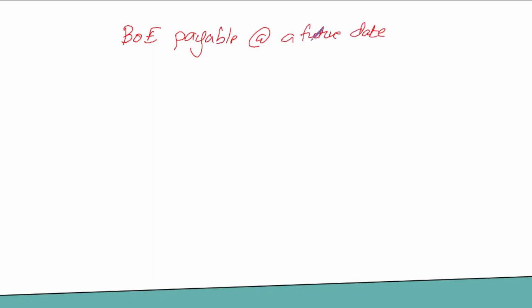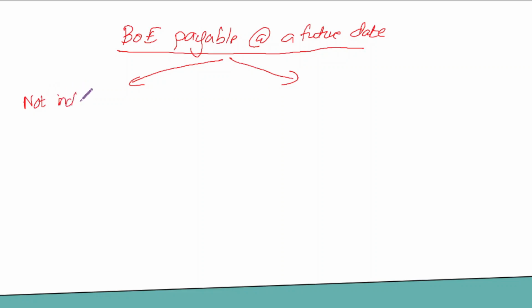And the very first filter is whether it is included in the collection or not. So let's say it is not included in the collection. The other option would be yes, it is included in the collection.